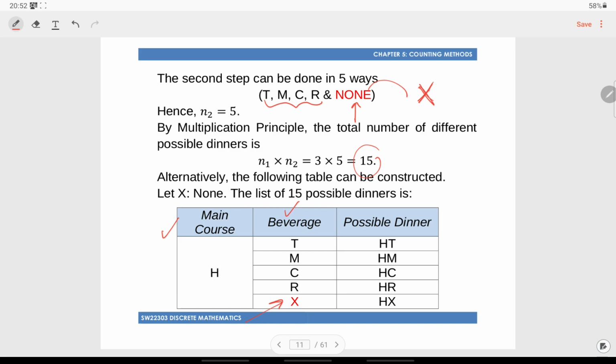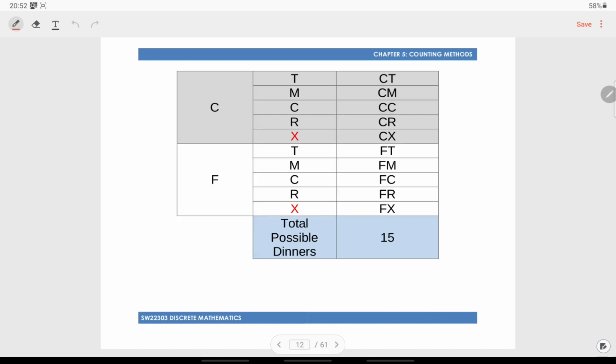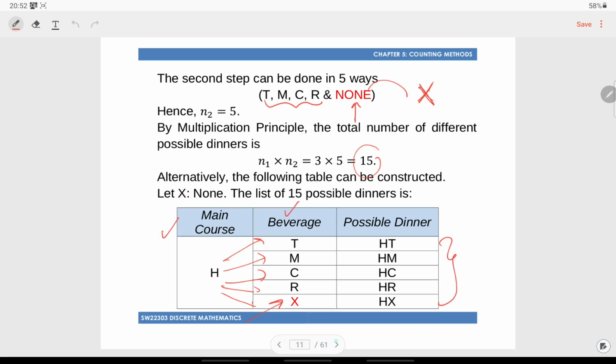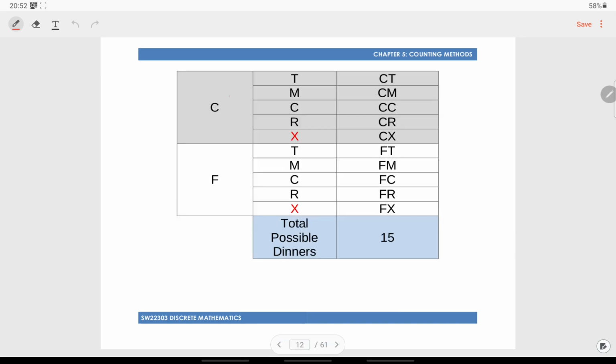Then we can combine all these possible menus and come out with 5 different combinations. Then we proceed to the other selection of main course. We have C, and we can pair it with all these 5 different beverage options, and for F we can do the same thing.